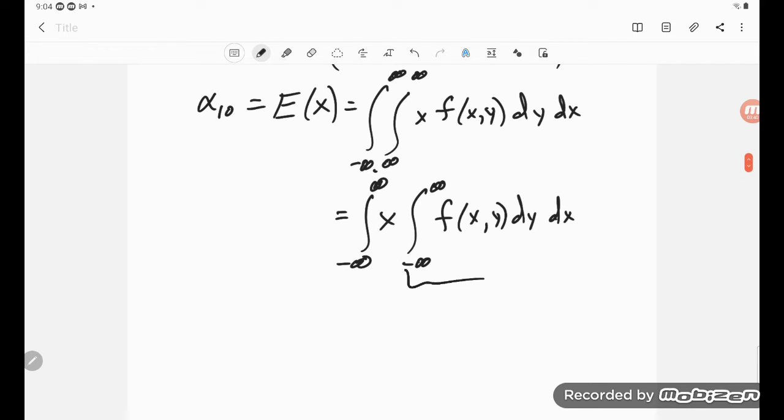But now, this part is just our definition of the marginal distribution f x of x, and dx. And so, that's E of x.